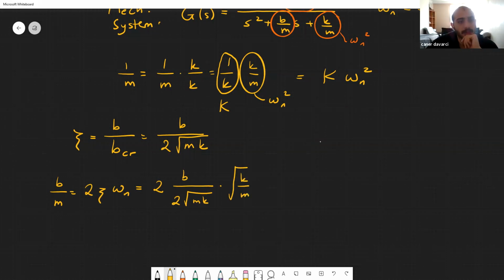Hocam, can I ask a question? Yes. In the damping ratio equation, if we have m equivalent and k equivalent, we normally use damping ratio equal to b divided by 2 square root of m equivalent times k equivalent, right? Yes. So what if we have b equivalent? Are we going to use b equivalent over the same thing, or is it directly b?